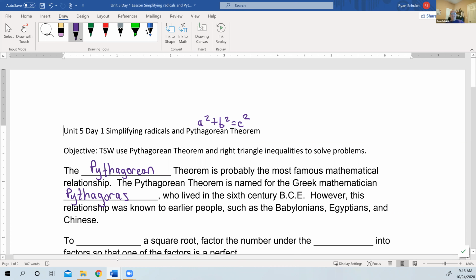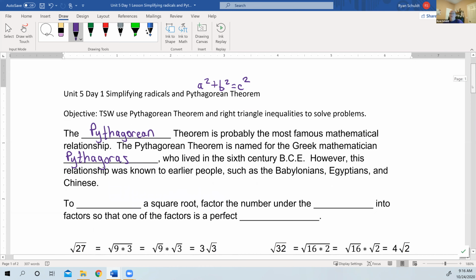They knew it existed, but he actually proved it and then said, I proved it, my name goes on it. So yeah, I think that's kind of funny how other people knew it, they just couldn't prove it, so they didn't get to put their name on it. He did.